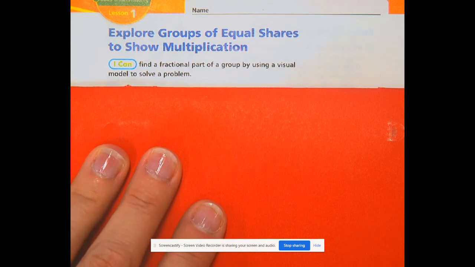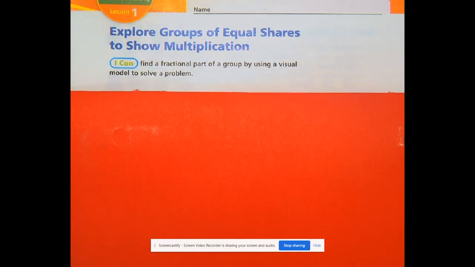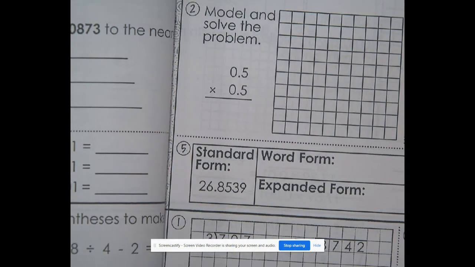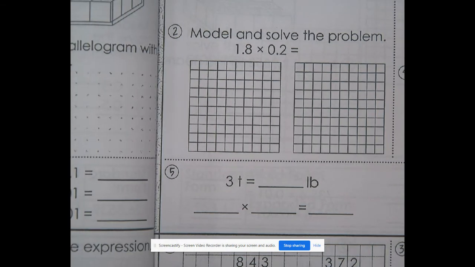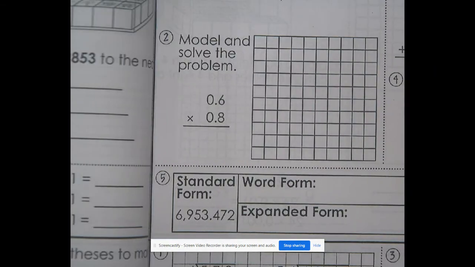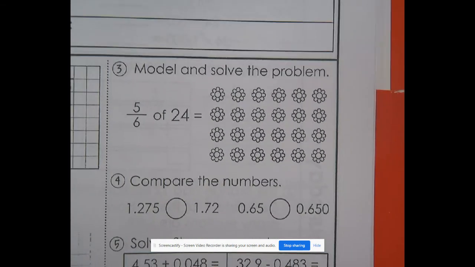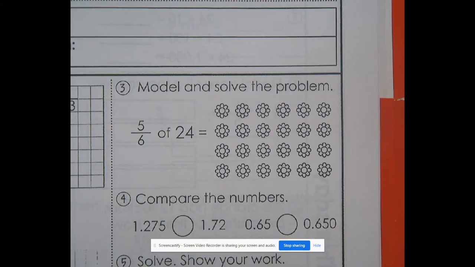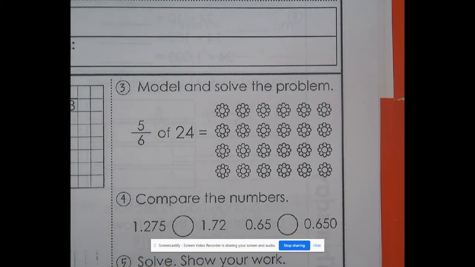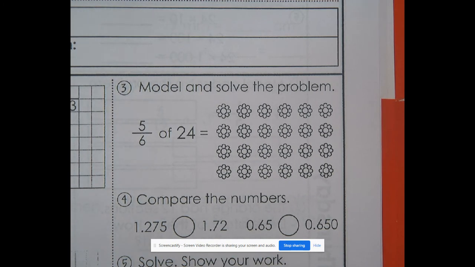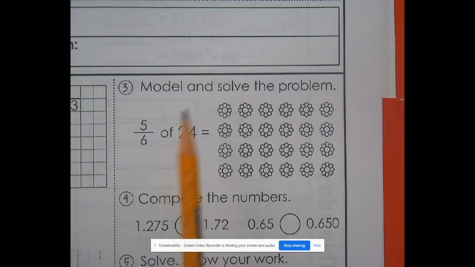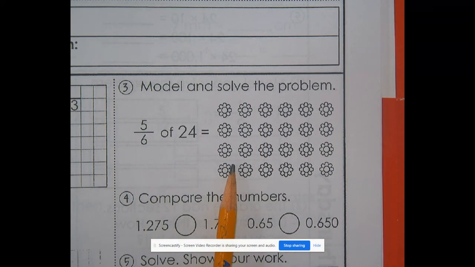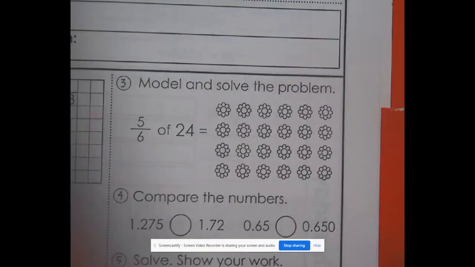Okay, so I can find a fractional part of a group. And we have done this before. Let me see if I can find an example of where we've done this. Oh, right here. 5/6 of 24. This is exactly what we're doing today. We're finding a fractional part of a number. Okay? How many of you feel pretty comfortable with what we do here? Okay, we will work on that.